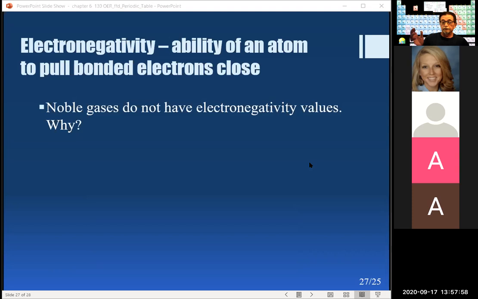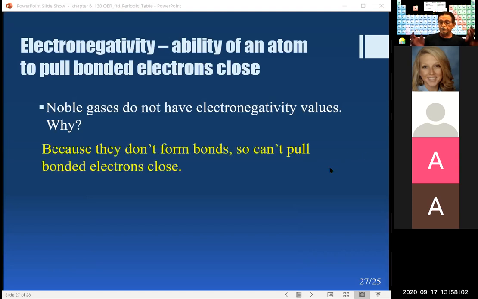Now, noble gases don't have any electronegativity, because their electrons are full, the octet, they're happy, no more reactivity involved with them. So they're not going to be pulling anything. But we're going to talk a lot more about that in the next chapter with electronegativity.